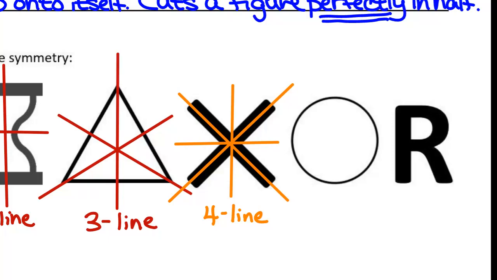What about the circle? Yep, we can go up and down. We can go vertically. We can go side to side. We can go horizontally. Can I do any other lines of symmetry on the circle? Can I go diagonally? Yeah, I can go diagonally this way or this way. Any other lines of symmetry?